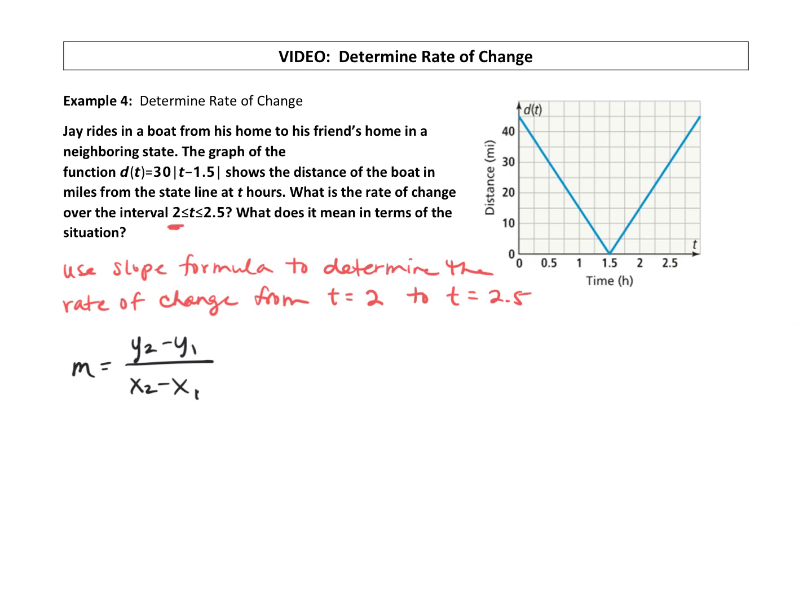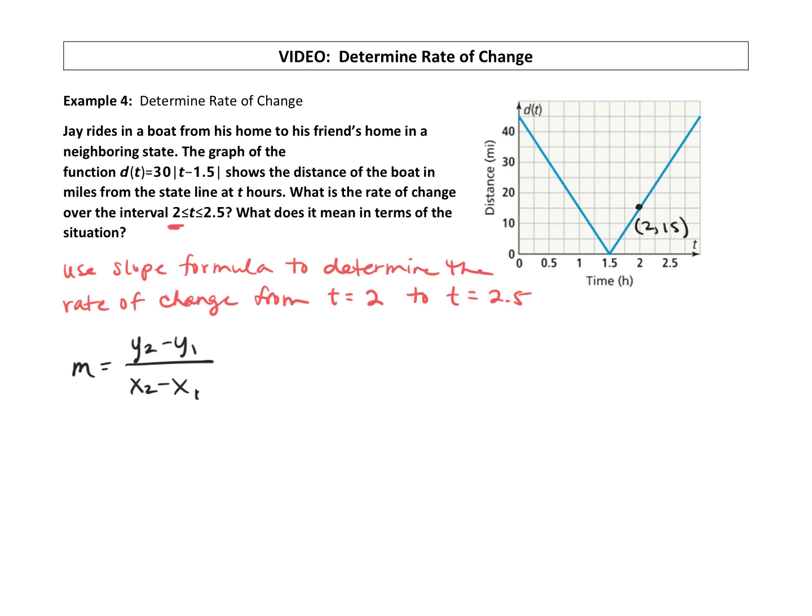So when our time is 2 hours, here's when our time is 2 hours. Let's go up to our graph and find the distance. The distance is 15 miles. So that ordered pair right there, (2, 15), is what we'll use to find slope.